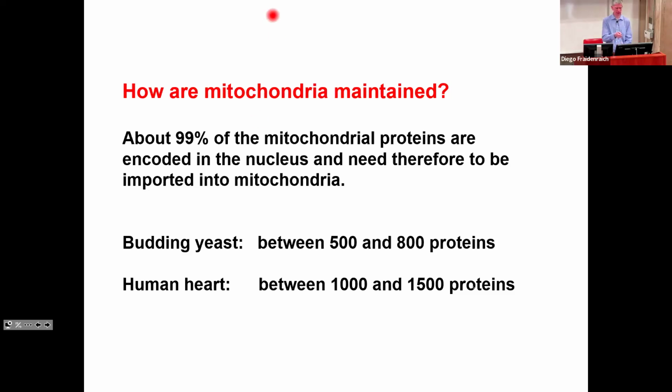So these are 99%. There's a range: for example, budding yeast, baker's yeast, could be 500 to 800 proteins, human heart 1,000 to 1,500, depending on various situations, for example if a lot of energy is required, or normal cells versus tumor cells. So there could be a variation in the amount of proteins.